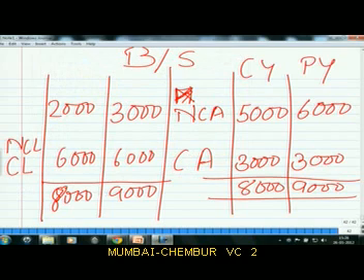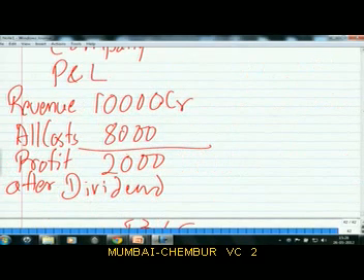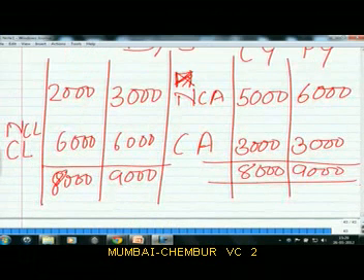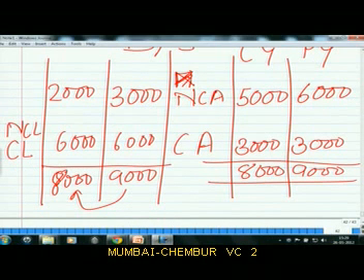Very interesting. The profit is 2,000 crore after dividend, but the balance sheet has gone down only by 1,000 crore. How do I do that?